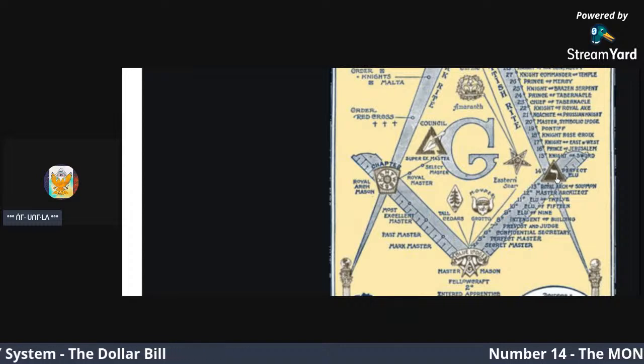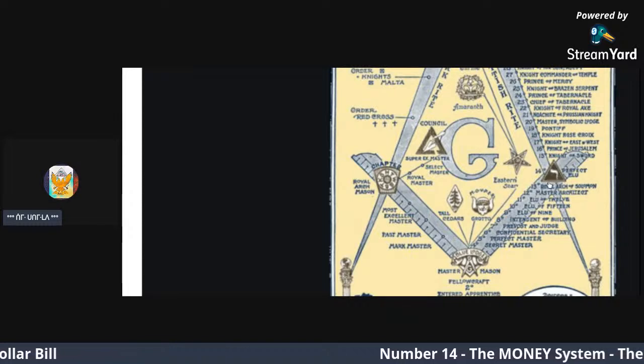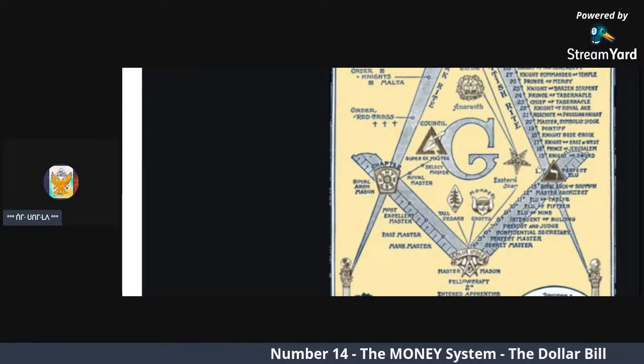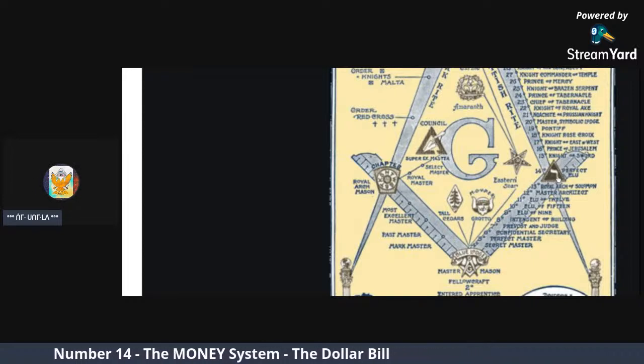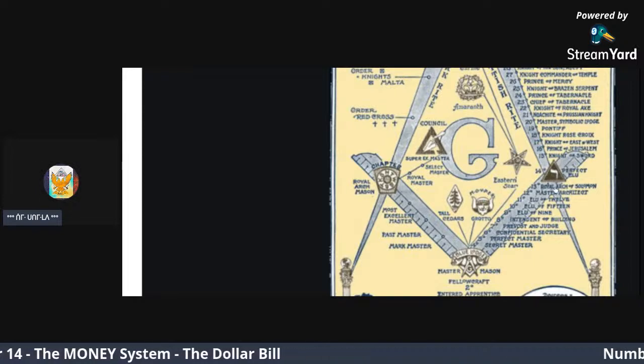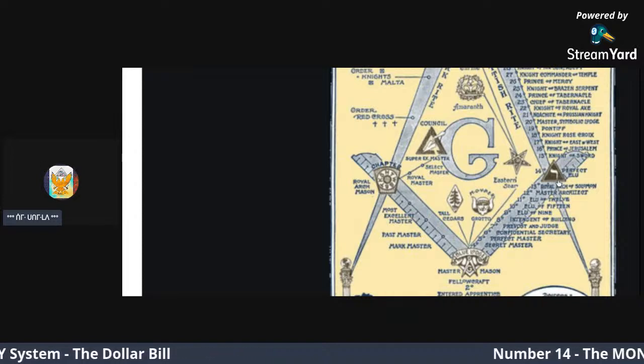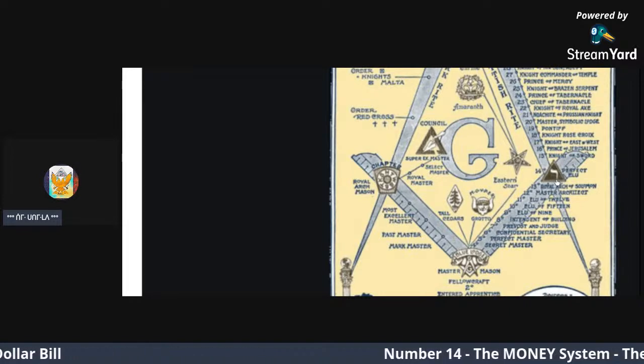This 60 by 60 by 60 equilateral triangle that you see right here is the all-seeing eye that you see on the dollar bill, like I'm saying with the 14th point.